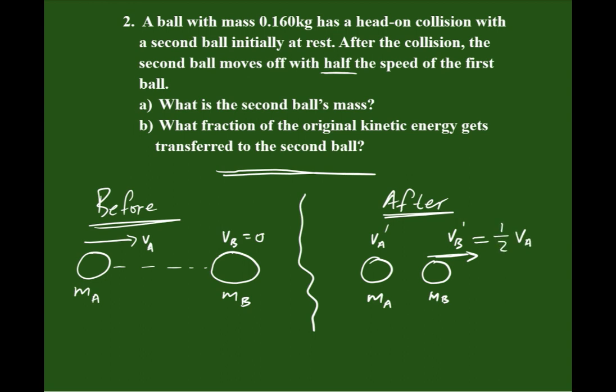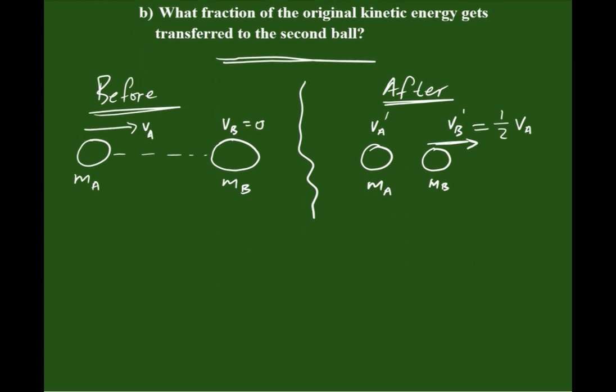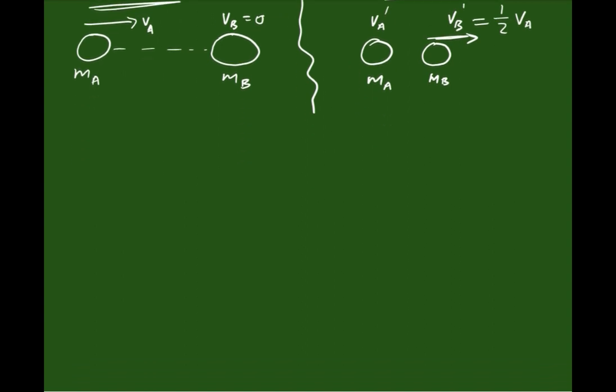So that's why it's very important to read carefully. There are often some clues in the text. So let's see what we can do. Simple, basic conservation of momentum tells us that momentum before is equal to the momentum after.